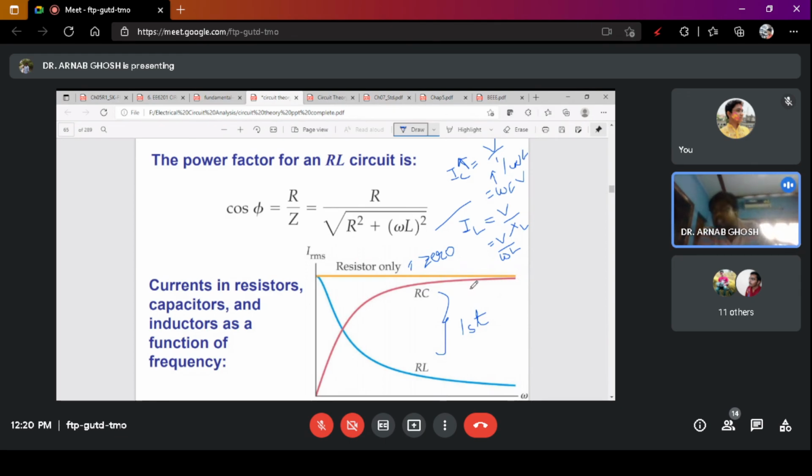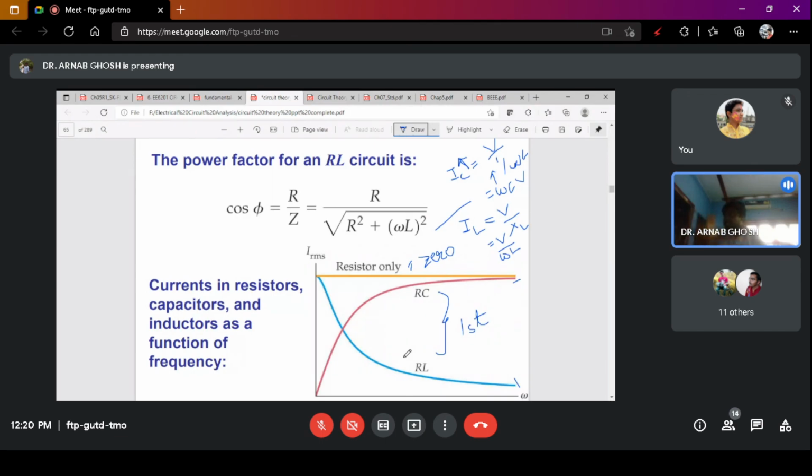Now after a certain instant, you will see that the current becomes steady. The current is at a steady level. This portion we term as the steady state current, and the time for which this is rising or falling, we term as the transient condition. Transient means something which is constantly changing with time.